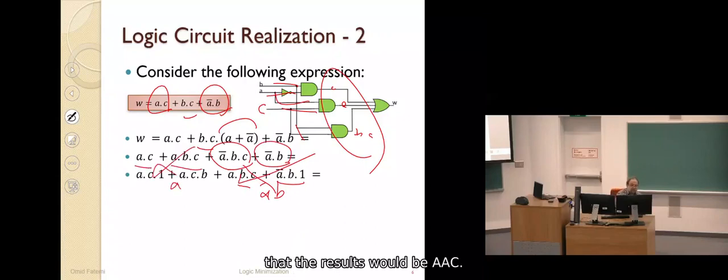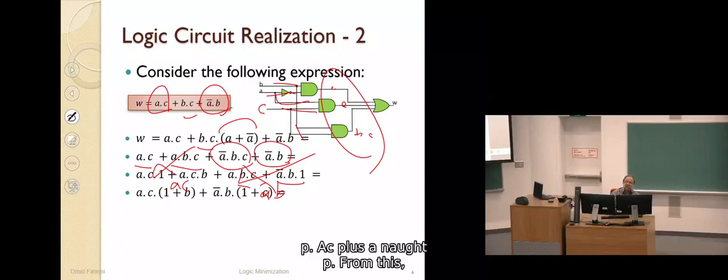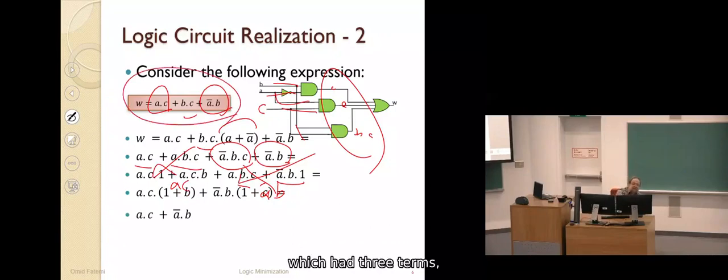So the result would be AC. So it becomes AC plus A naught B. From this, which had 3 terms, AC plus A naught B plus BC, we removed BC. Now this has 2 terms, which is simpler than that.